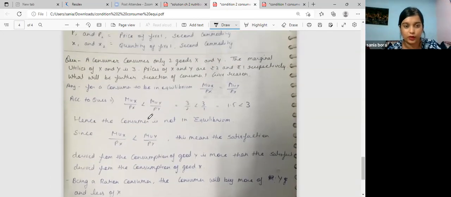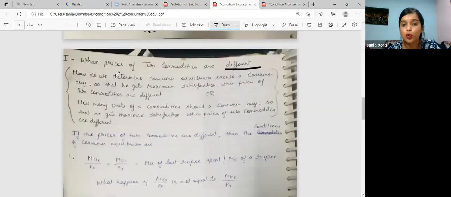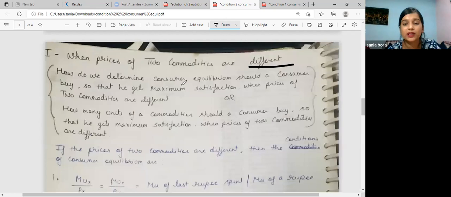Okay. Now see, in the exam hall, you can get a question like this. These are the two question types. First, how do we determine consumer equilibrium? Or, how should we determine what a consumer should buy so that he gets maximum satisfaction when prices of two commodities are different?